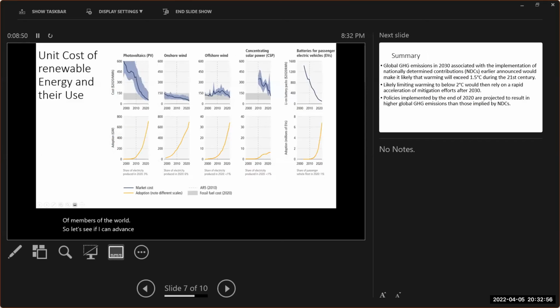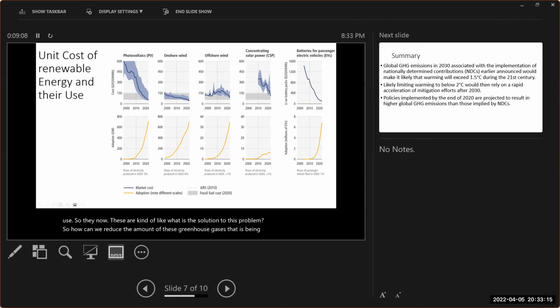Okay, good. So unit cost of renewable energy and their use. Now these are kind of like, what is the solution to this problem? How can we reduce the amount of these greenhouse gases that is being emitted?